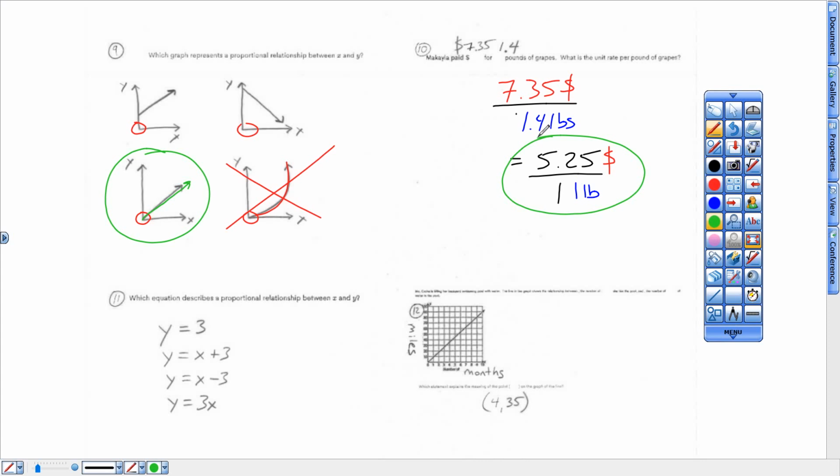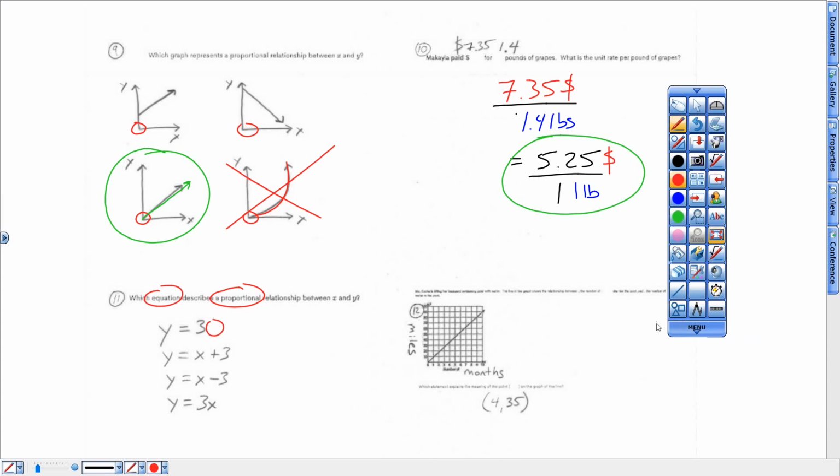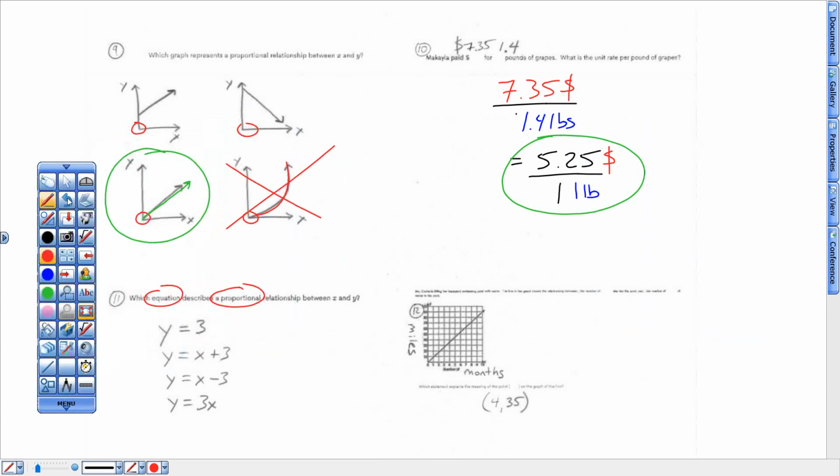Next problem, 11. Which one of these graphs is proportional? Which one of these equations? And looking at this 3, it's missing an X. So that one is not proportional. That would be actually, if you graph that, a straight line going through 3 on the y-axis. That's not proportional. This one right here has a 3. This one right here has a -3.